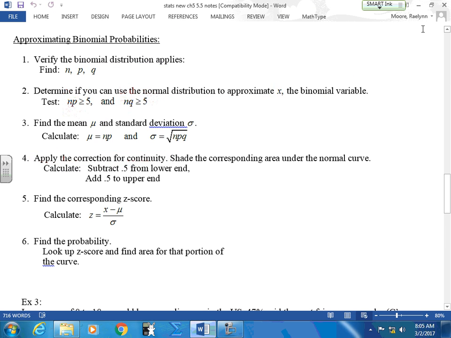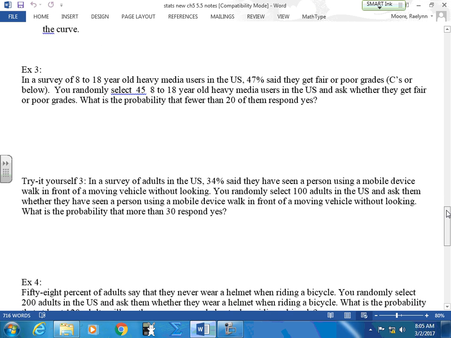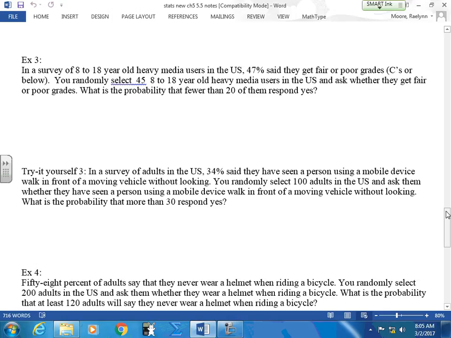All right, so the first problem we have is on page 278. In a survey of 8 to 18-year-old heavy media users, I think we did part of this before. 47% said they get fair or poor grades, C or below.